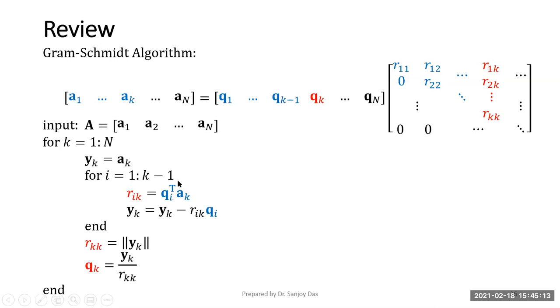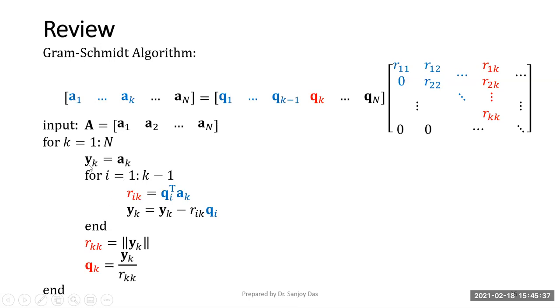The blues are what are known here. So R_ik, I'm finding out within this inner for loop. R_1k, then R_2k, then R_3k, and so on. And I'm using these q_i's, since i is from 1 to k minus 1, these are known. And so from q_i transpose a_k, you can easily compute R_ik.